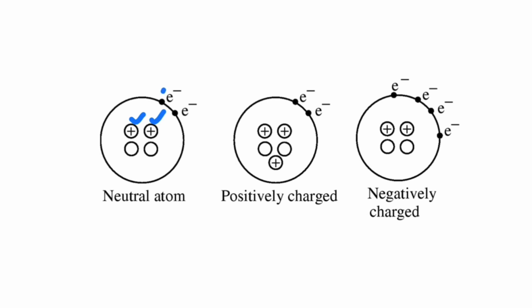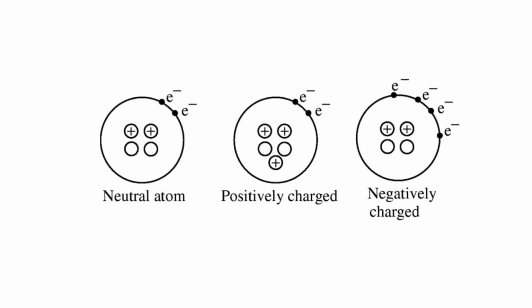And these small circles or dots with negative signs are what we call electrons. So in our neutral atom, you can tell that we have 1, 2 protons and 1, 2 electrons. These ones without a sign are neutrons. They don't really affect our charge. So we have 1, 2 protons and 1, 2 electrons. Equal number of protons and electrons.